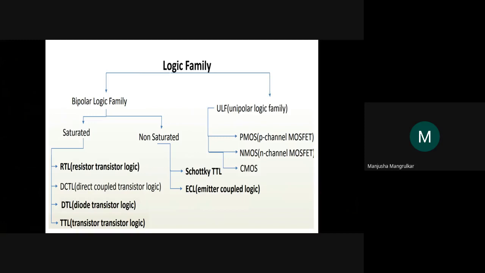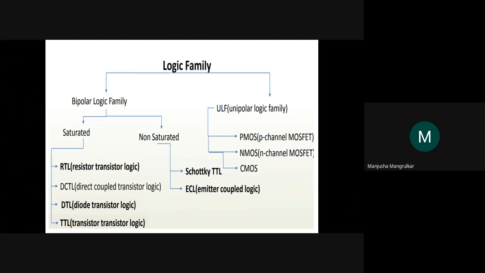Now the bipolar logic family is again categorized into saturated and not saturated, right? We know the transistor's conditions: cut-off region, saturation region, and active region. In the saturated type we have resistor transistor logic, direct coupled transistor logic, diode transistor logic, and transistor-transistor logic, right? The first is resistor transistor logic. Whatever its disadvantage, it is rectified in direct coupled transistor logic.